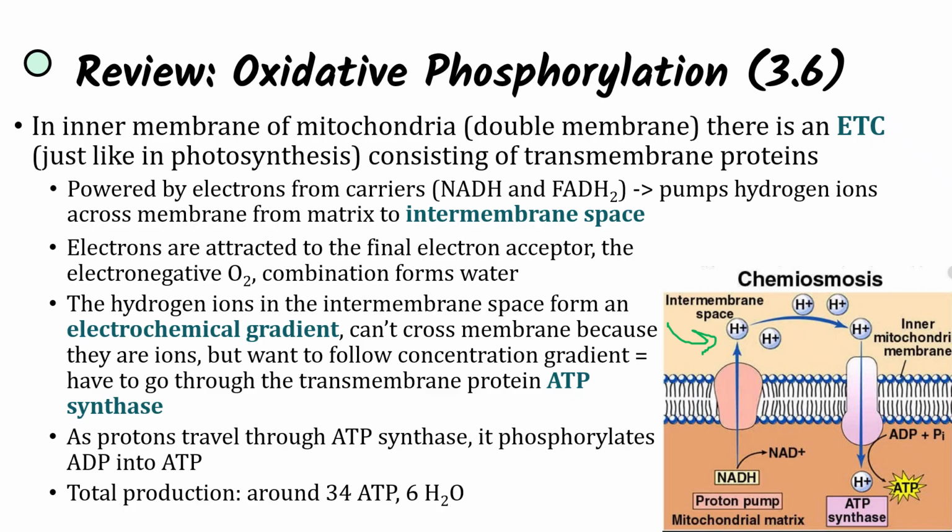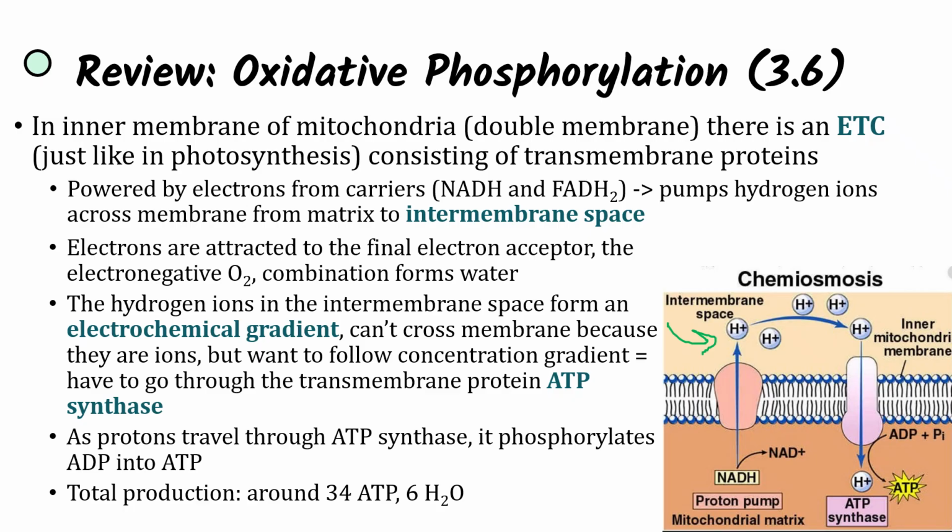And of course, oxygen is electronegative. We learned this back in 1.1. And because of this, there's going to be an attraction, a pull that brings the electrons through the transport chain, and eventually is going to form water as a waste product.